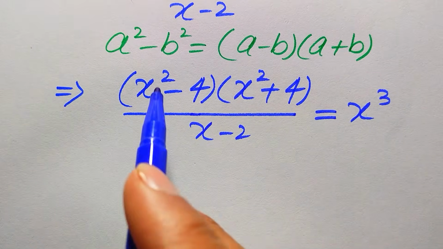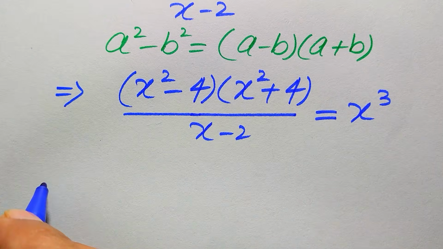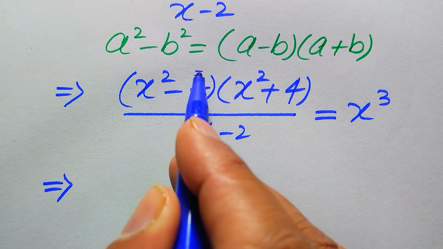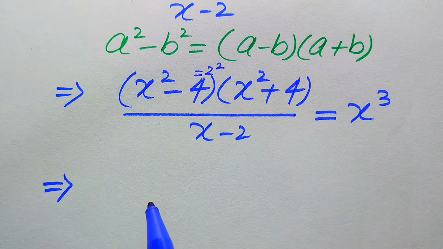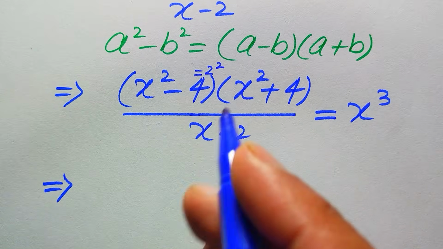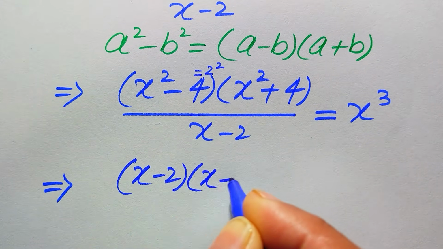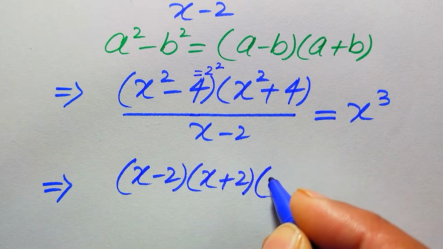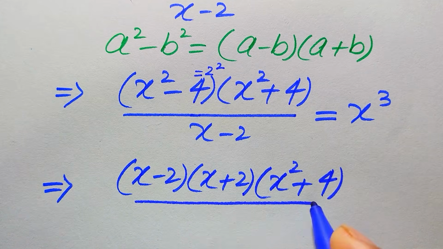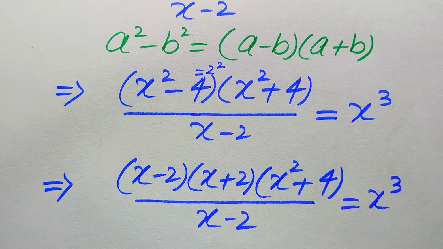And now we again use this formula on this term. So this is x square minus 4, and we write this 4 as 2 square because we know that 4 equals 2 square. So when we apply this formula on x square minus 2 square, this will be written as (x minus 2) times (x plus 2) into (x square plus 4), divided by x minus 2 is equal to x cubed.